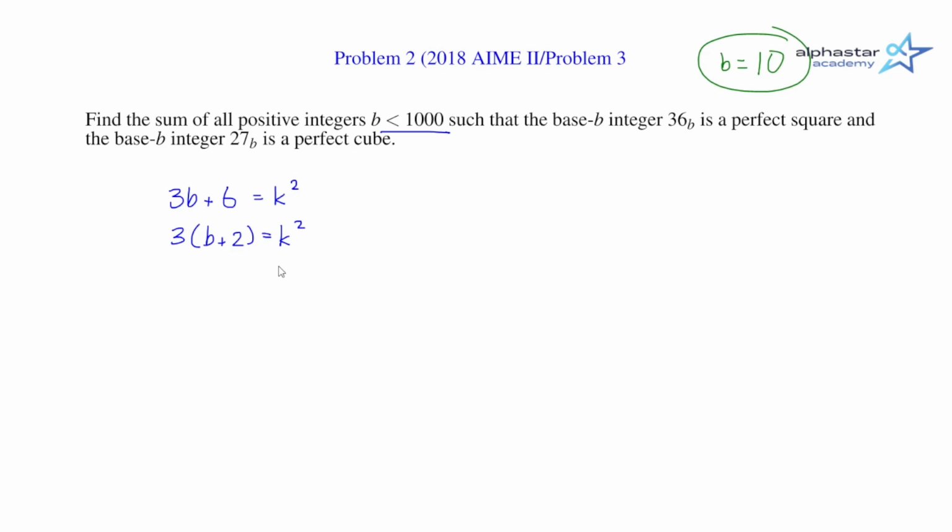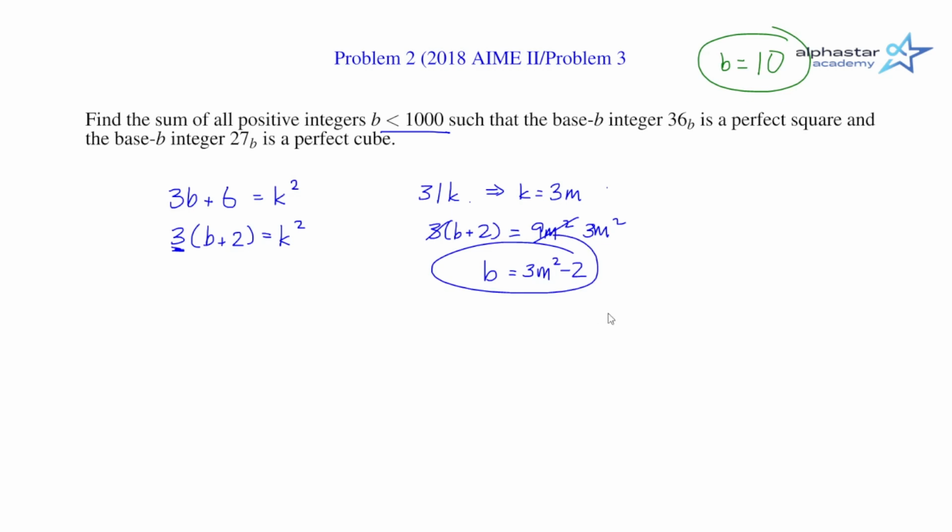If a prime divides a perfect square, then that prime also divides k. So let's say k equals 3m for some positive integer m. Then 3 times (b plus 2) is equal to (3m) squared, which is 9m squared. So we end up with b equals 3m squared minus 2.